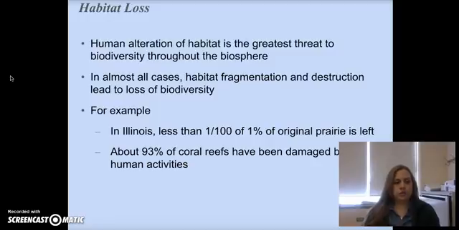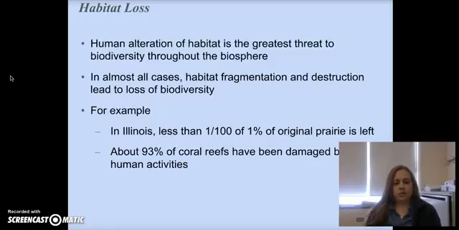So habitat loss is when humans alter the habitat, and this is the greatest threat to biodiversity throughout the biosphere. And in almost all cases, habitat fragmentation and destruction leads to a loss of biodiversity. So a really great example is here in Illinois. Less than 1/100th of 1% of the original prairie is left. So Illinois is supposed to be the prairie state, but we have this tiny, tiny fragment of prairies that are actually left.